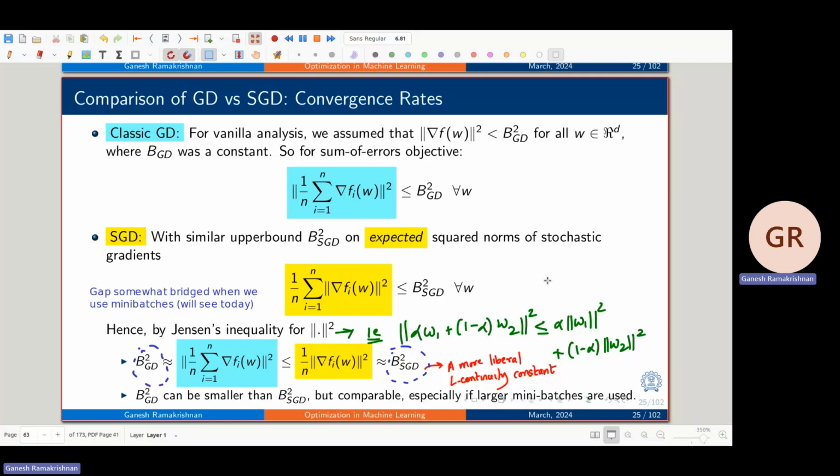Points least correlated with x. Points least correlated. So think about this.